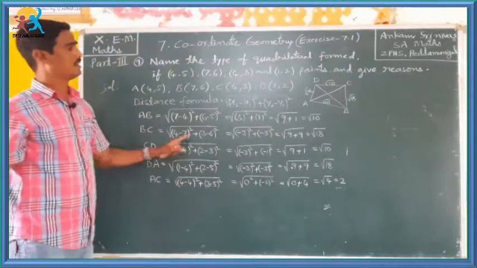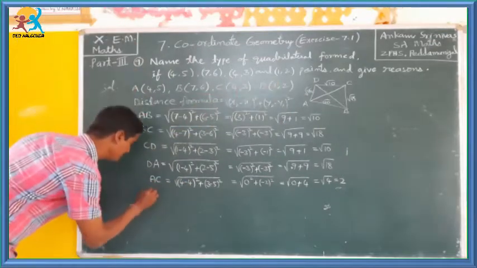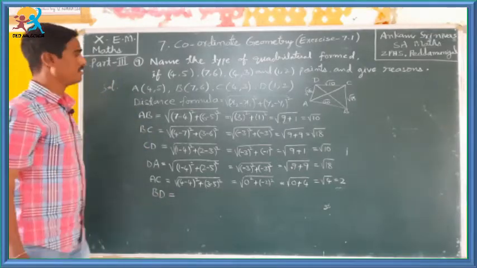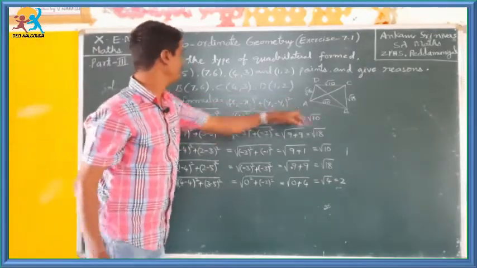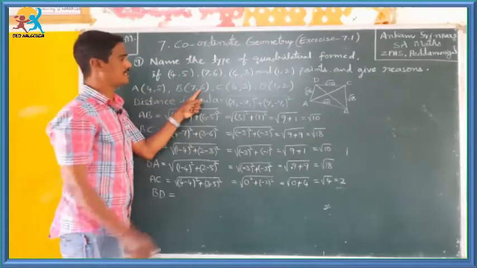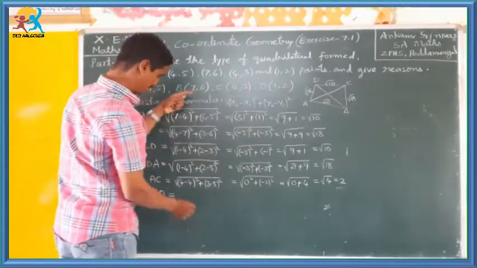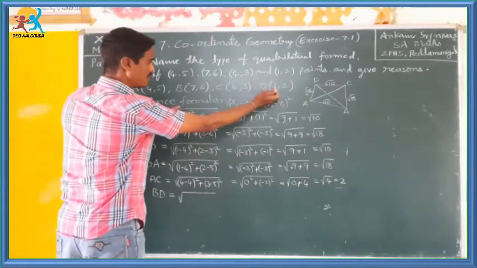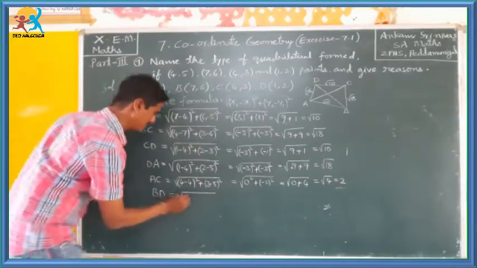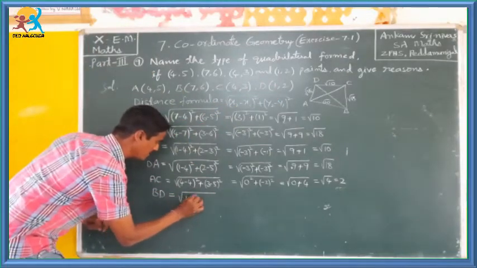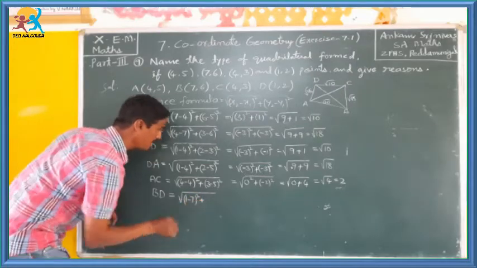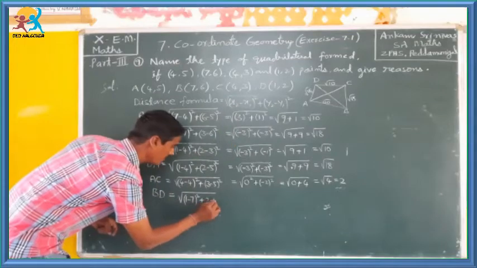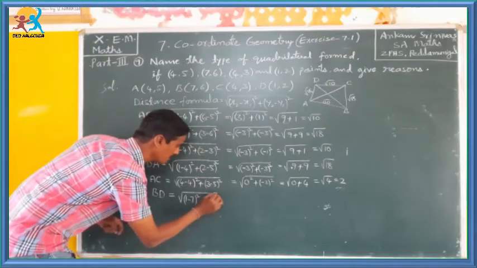And length of BD. B coordinates are 7, 6 and D is 1, 2. Square root of the difference of x coordinates, 1 minus 7 whole square, plus 2 minus 6 whole square.